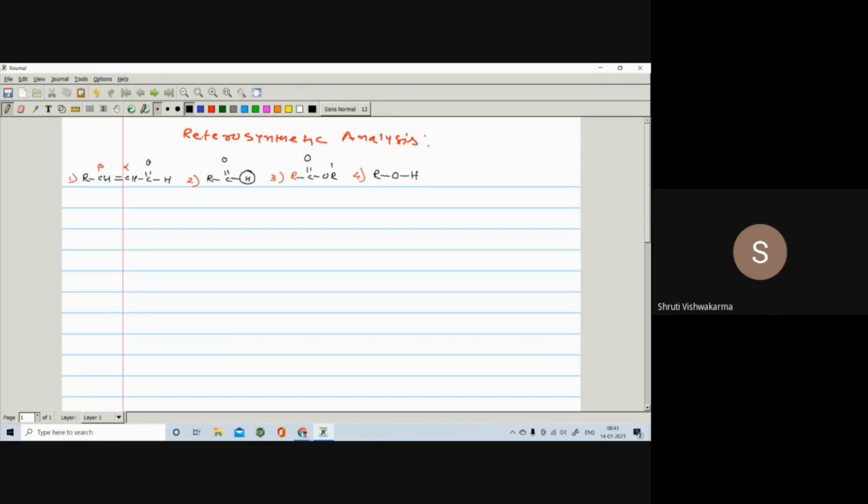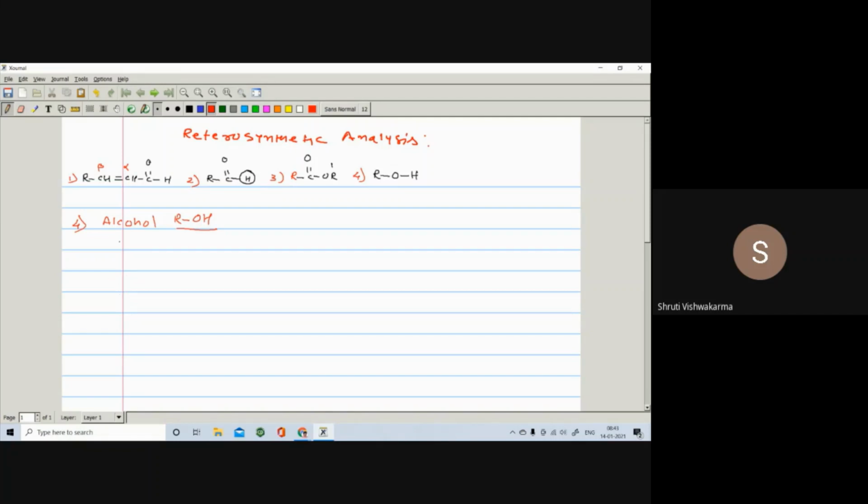So here we have to see the disconnection of alcohol. The next category, the fourth, is your alcohol, general representation ROH.